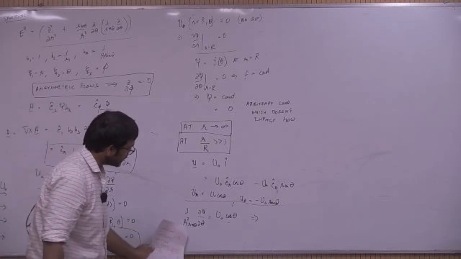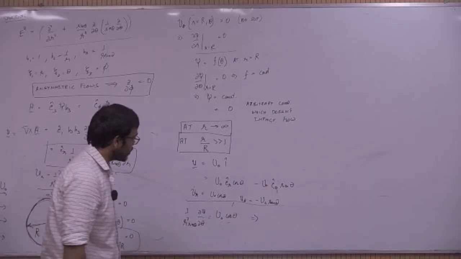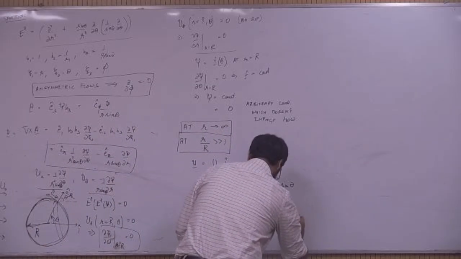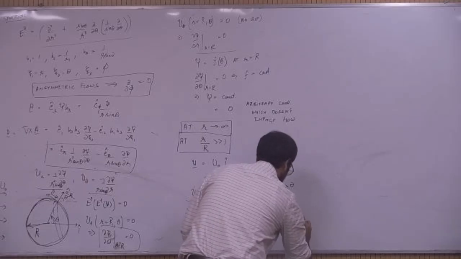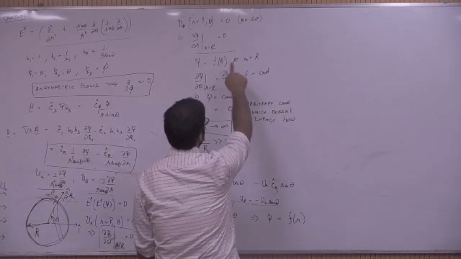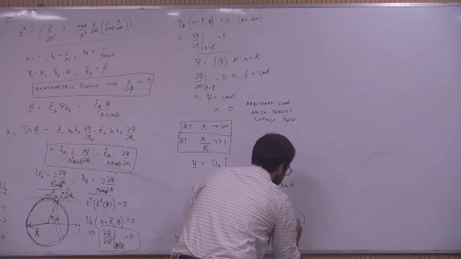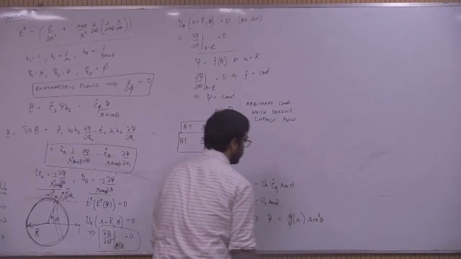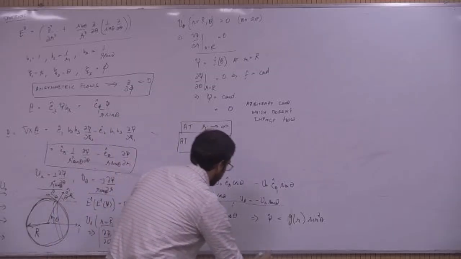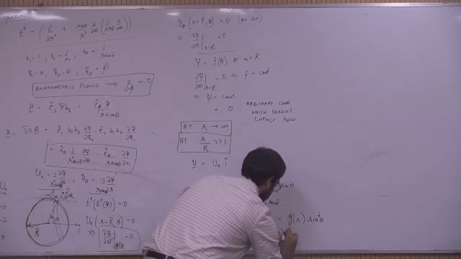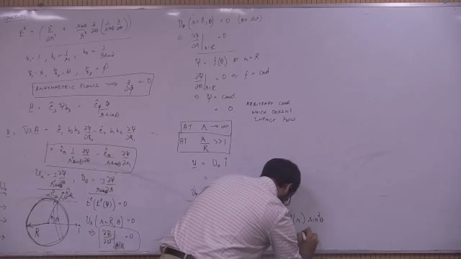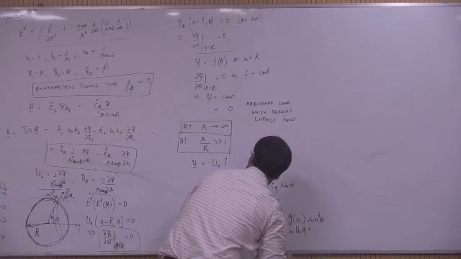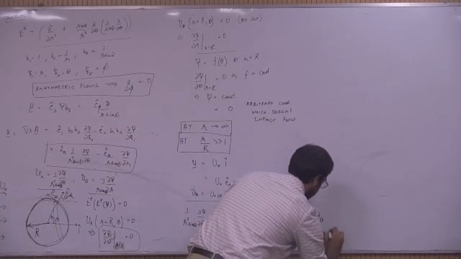So I can take this r square sin theta d theta here and I can say that psi is some function of r. It's a different function from here. So maybe let me write g here. Some function of r times sine square theta, where this g of r is tending to u naught r square for r tends to infinity.